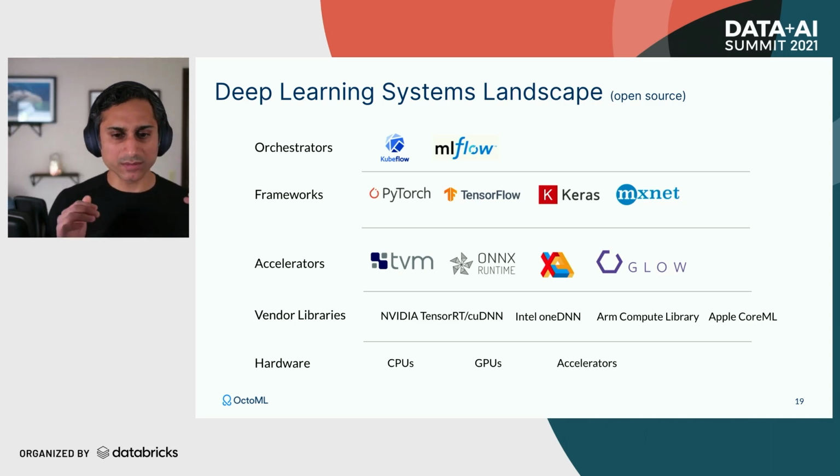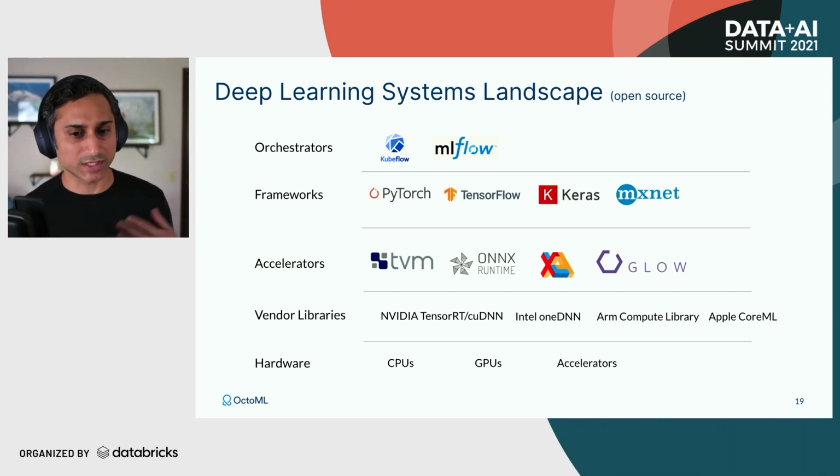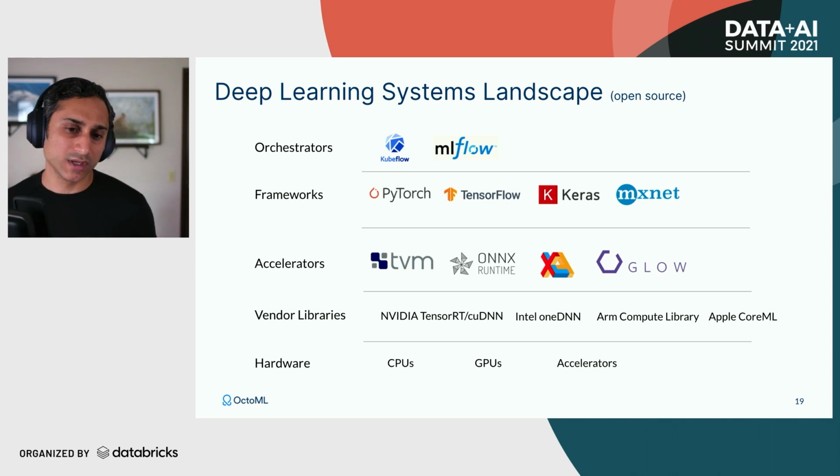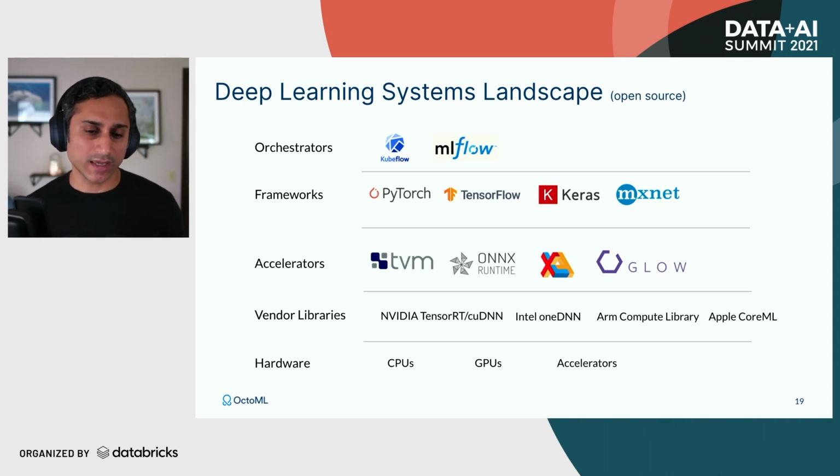But this talk is going to be more focused on the layers below the framework, like the accelerators like TVM or ONNX Runtime or XLA or PyTorch Glow, which optimize your model, as opposed to having to use vendor libraries to hand tune your model, which can be a lot more cumbersome and take months to do. And we'll talk a little bit about the hardware that you'll want to run your model on ultimately.